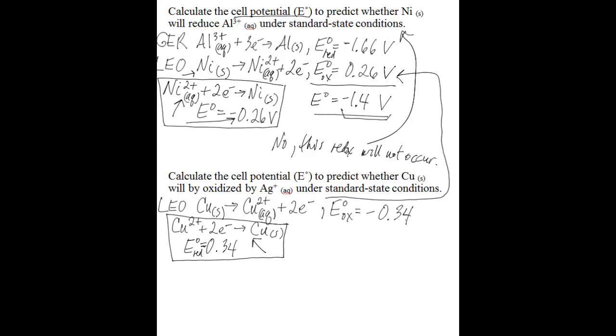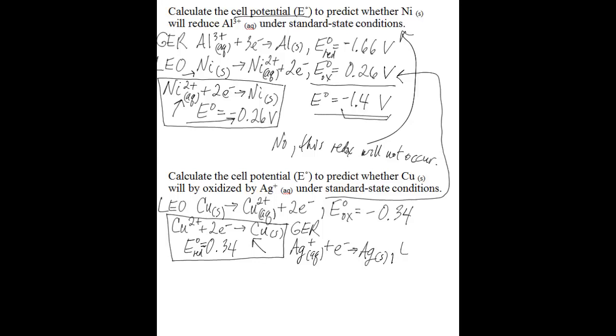And then if copper is being oxidized, that means silver must be reduced. So you gain electrons when you have a reduction. That means the silver aqueous cation is going to gain an electron to give you the silver solid.